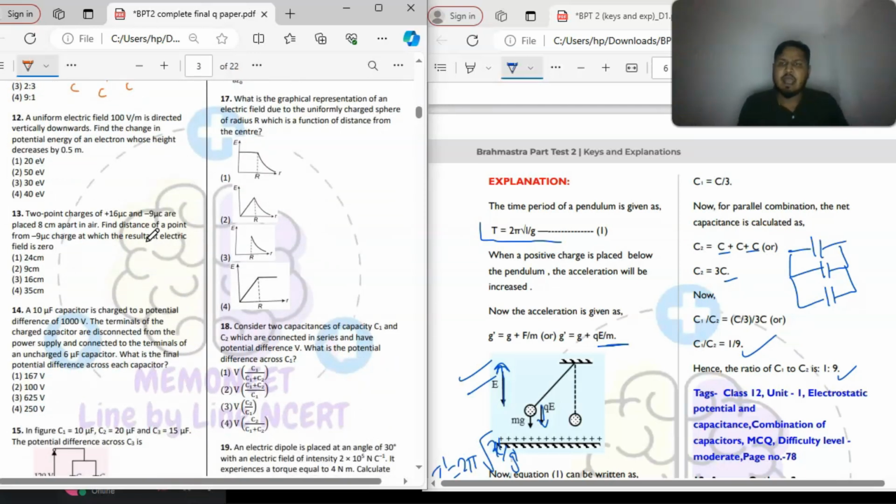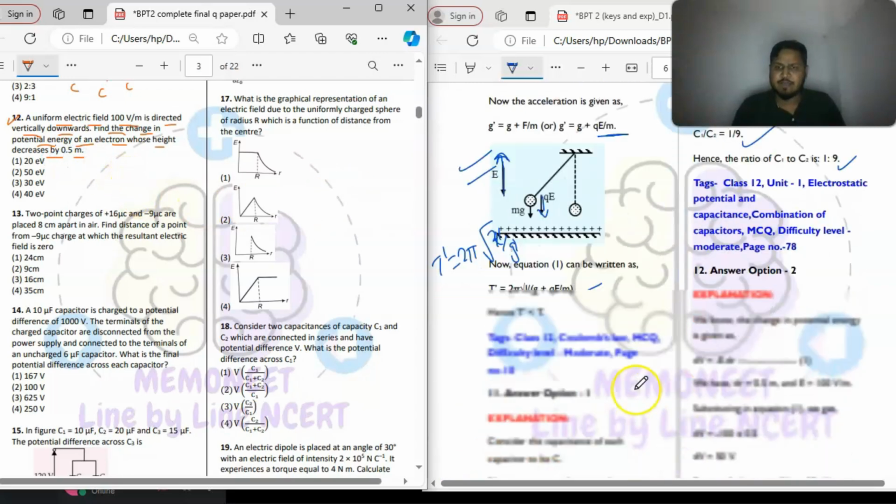Now our next question, number 12: a uniform electric field of 100 volt per meter is directed vertically downward. Find the change in potential energy of an electron whose height decreases by 0.5 meter.